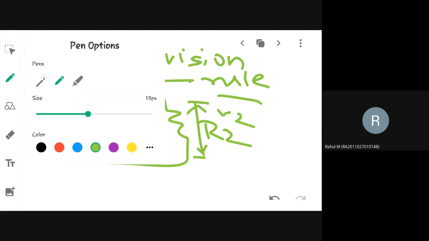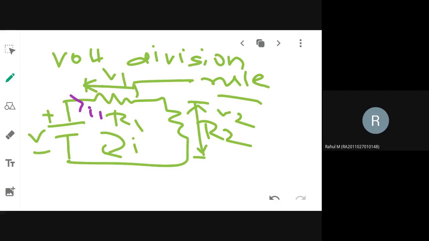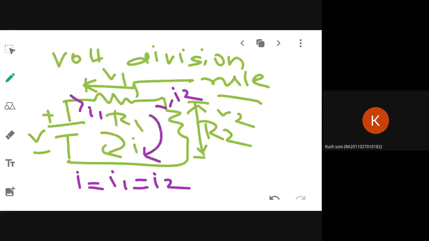Current also, let this be I1, let this be I2. Current is the same, but voltage is different. I is equal to I1 is equal to I2, because this is a loop, so the same current will flow through everywhere.